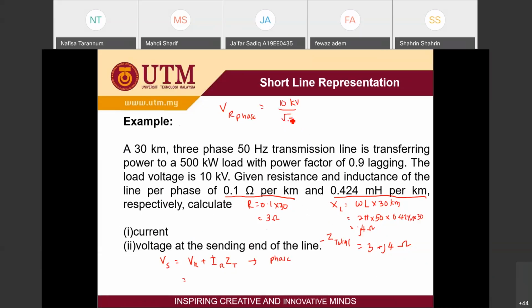And the angle is 0, because VR phase is our reference, not VR line. So VR phase is 10 kilovolt over square root 3 with an angle of 0.